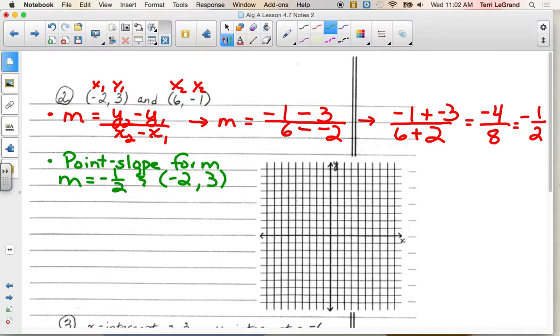Okay. So then, remember, those numbers have a role, x sub 1 and y sub 1. So, our model, which should be so memorized by now, we substitute into it.